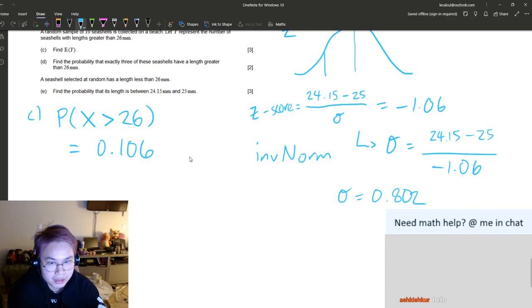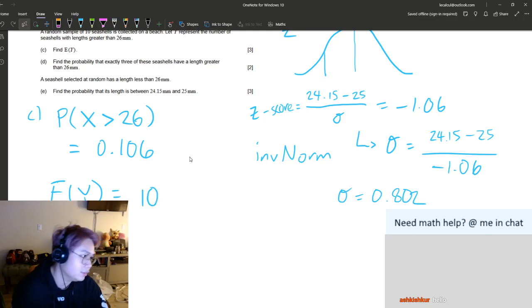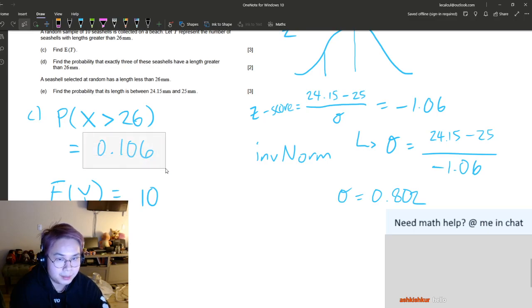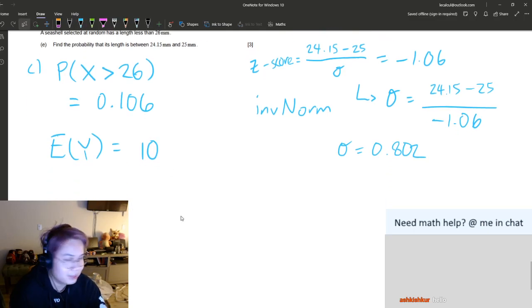Okay, now we can find the expected value. This is in your formula, I'm fairly sure, but if each seashell has this probability of being greater than 26, and you have 10 seashells, then on average, your expected value is 10 times the probability of one seashell being greater than 26 millimeters.